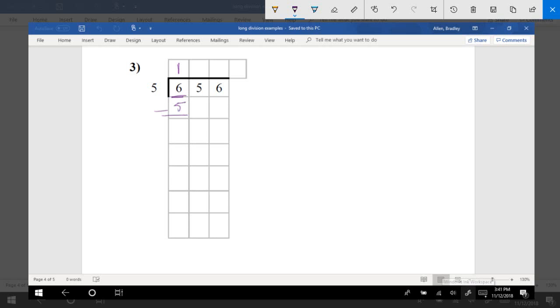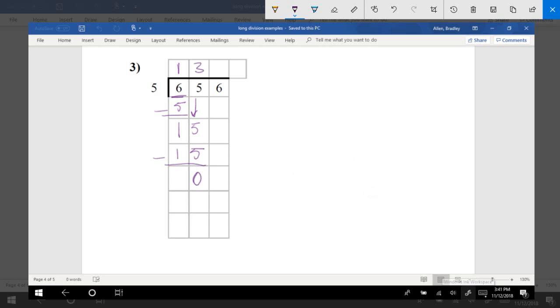6 minus 5 is 1. What's my next step? Bring down the 5. 5 goes into 15. How many times? You said 3, that's right. So now what do I do? Well, 5 times 3 is 15. Subtract. 15 minus 15 is 0.